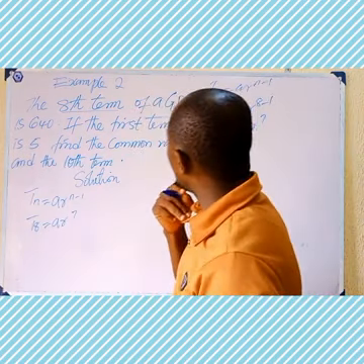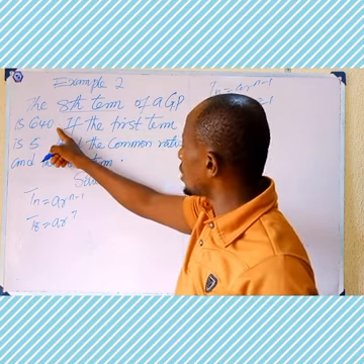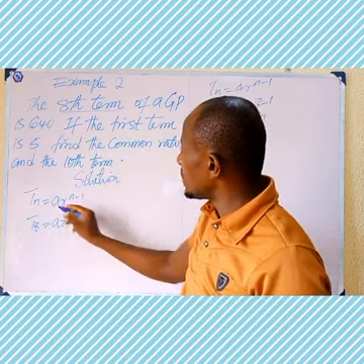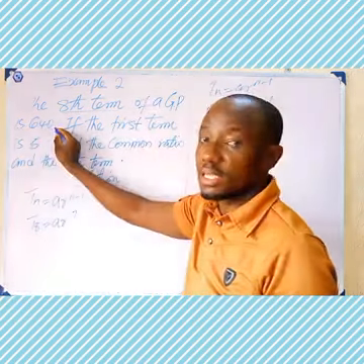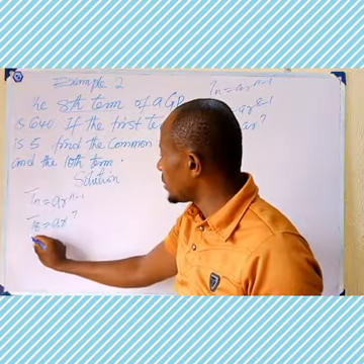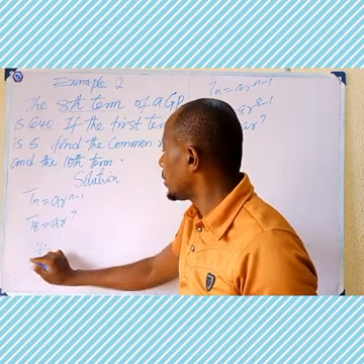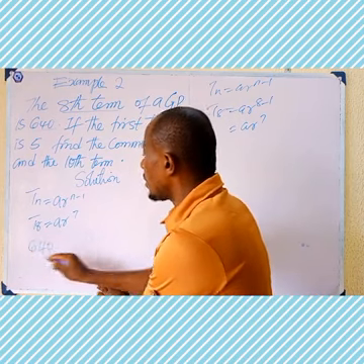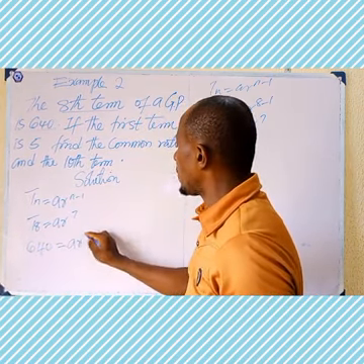Now we look for another thing. They say T8 is 640. So it means that you are going to remove this T8 and replace it with 640. So if we do that, we have 640 is equal to ar raised to the power 7.